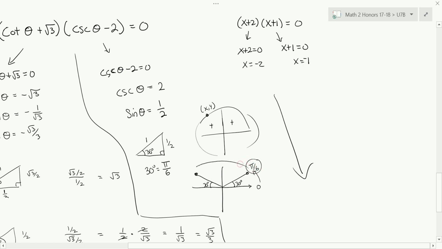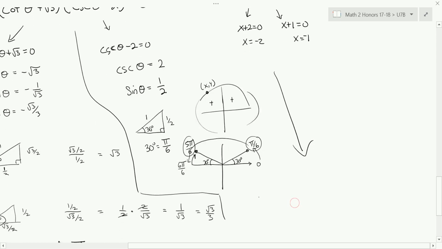Now if I go full half circle, that's 6 pi over 6 radians, and I'm going to go backwards 1 pi over 6, so that puts me at 5 pi over 6 radians, and that's our other answer. So we get theta is 5 pi over 6 and pi over 6.